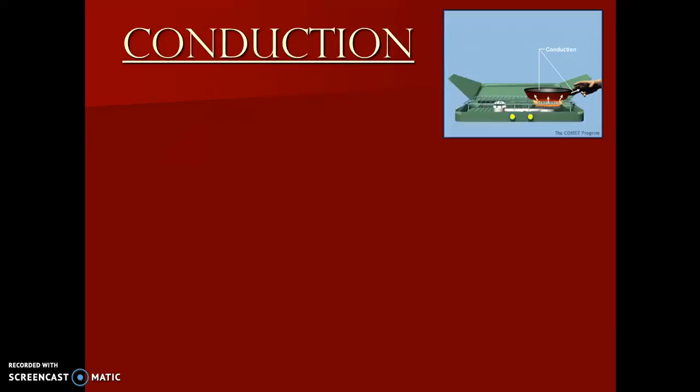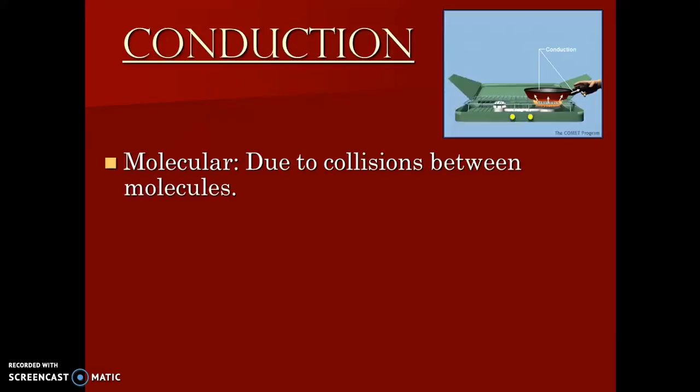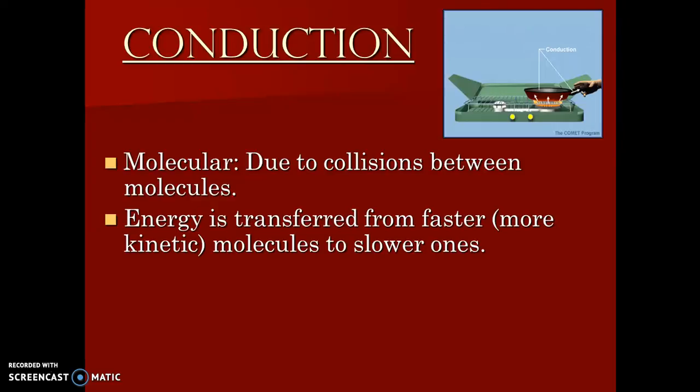What's more important for us to talk about now is the idea of conduction. So conduction is when you have molecular collisions between two different substances. So if I put a pan on a hot plate, there is going to be a transfer of kinetic energy from the surface of the hot plate into the metal of that pan, and then from the metal of that pan into the liquid in that pan.